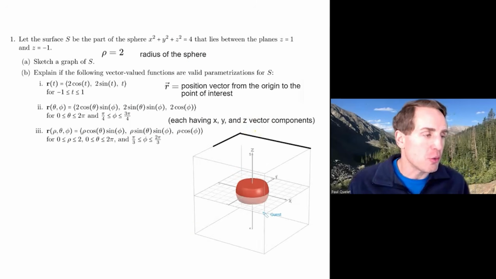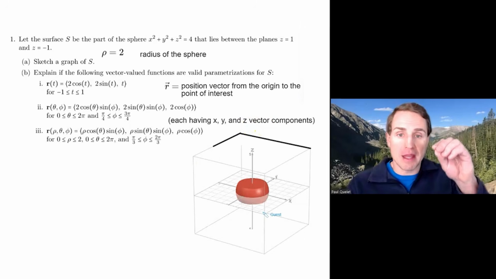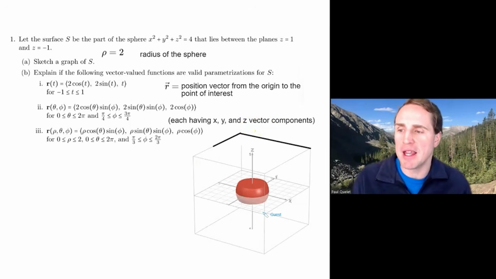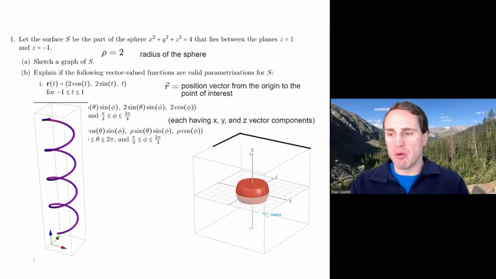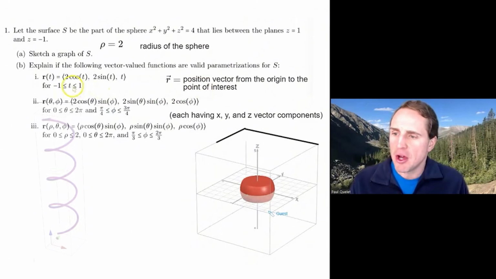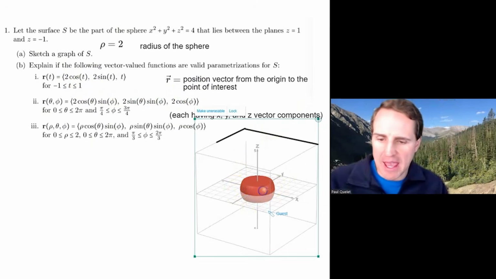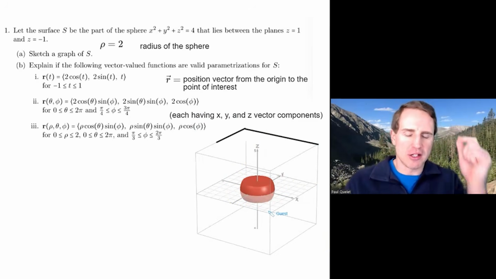First question. Given that there's only one input parameter t on part B, Roman numeral (1), what would it sketch out in 3 dimensions? It's actually going to make a helix, because as we progress from -1 to 1, it's going to produce a helix around the z-axis. Another thing to note is that even though the x and y will sort of go along the edge of this, it'll only go on the outside edge just along a single curve.